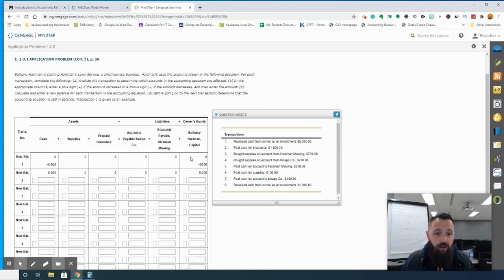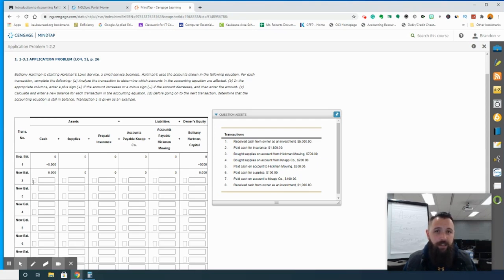And what occurred is our capital, because Bethany Hartman put that money in there, went up by $5,000. Okay, what's next? Well, what we did is we calculated out that balance. So the balance now for cash is $5,000, and Bethany Hartman's capital balance is also $5,000. So let's keep moving on here.